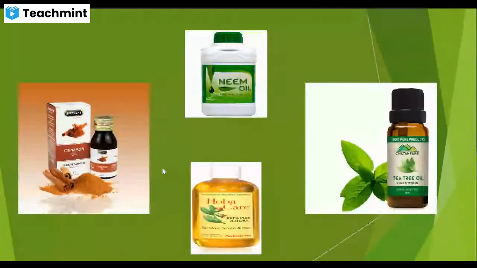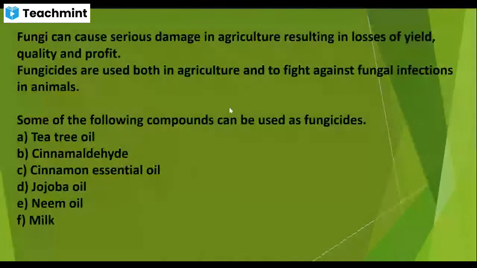Here you can see this is the neem oil available in the market. This tea tree oil is also a very good fungicide. This is jojoba. Then this is a cinnamon oil which is used as a fungicide. These fungicides are used in agriculture as well as to fight against fungal infection in animals.